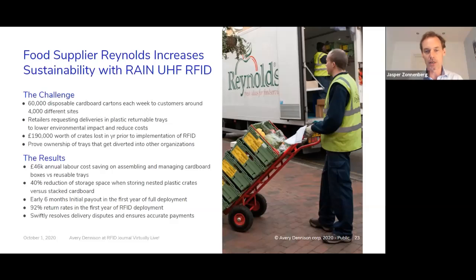So this is where we came in and helped them with applying RFID to these plastic trays to make sure that there was a more than 92% return rate on these plastic crates, simply because it was clear where these crates should be. So there was no ambiguity around, hey, where do they get stuck? Which customer is sitting still on how many trays, so to speak.